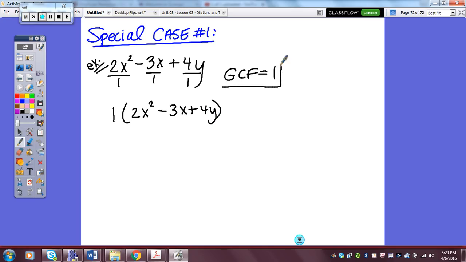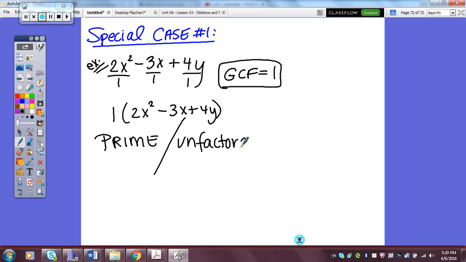So when you have a GCF of 1, for your answer you write the word prime, meaning this is a prime polynomial, or you write the word unfactorable. That means I can't factor it. All right? So let's write this down.